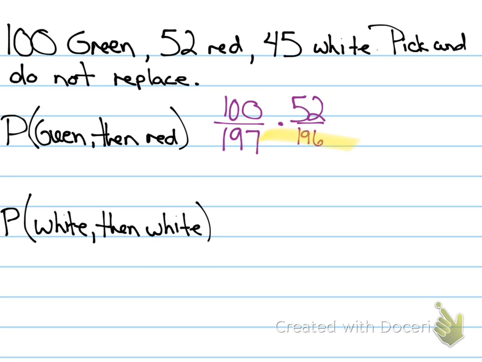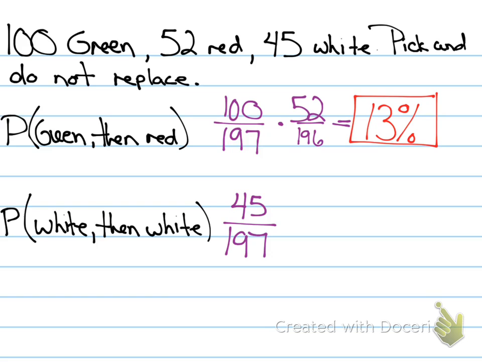Does that make sense? Okay, so now when you multiply them and round to the nearest percentage, did you get 13%? Yes. All right. Now, if you're trying to pick the same color the second time, like white and then white, your first option is still 45 over 197, but what would your second fraction be? 44 over 196.